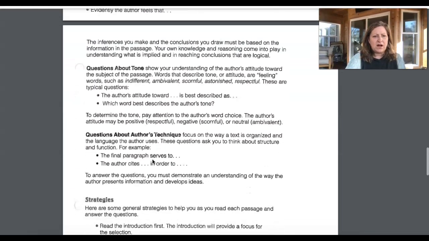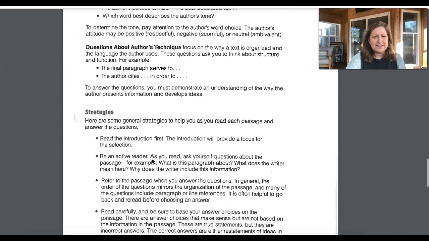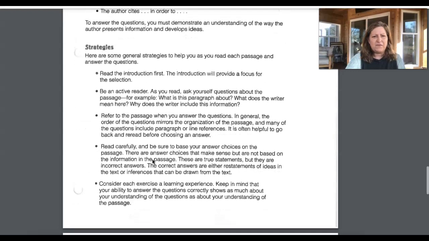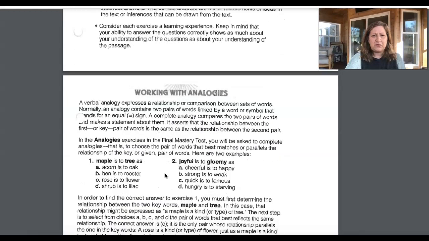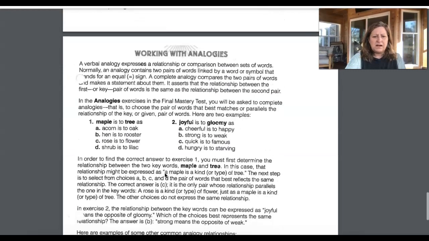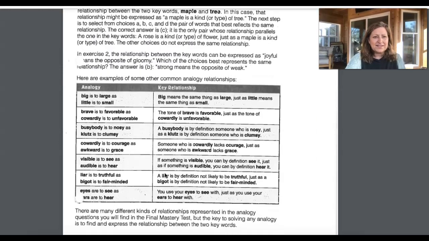Questions about tone and author's technique are typical test questions, and then some strategies for reading and trying to figure out vocabulary words and things like that. So I would love it if you would read this through and just see what it has to say. You can skim, that's fine, but this is just a good introduction to some of the vocabulary strategies and things that we will be using over the next couple of years.